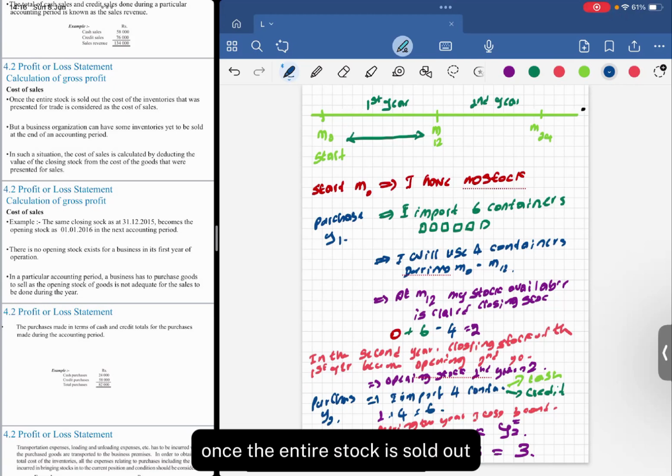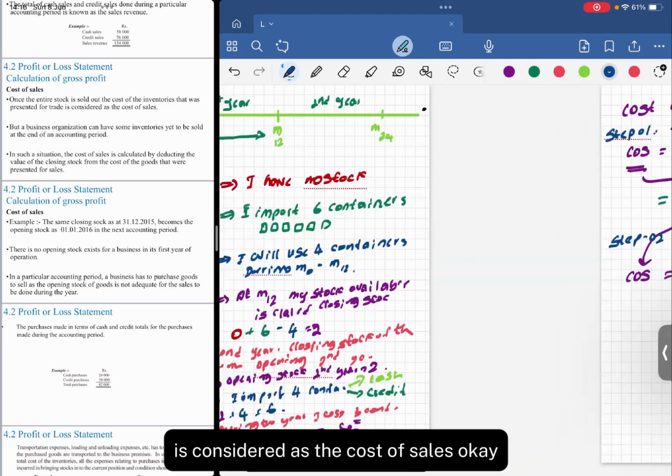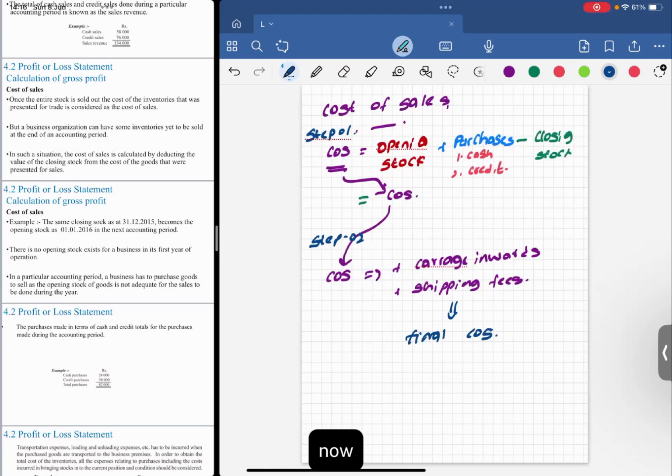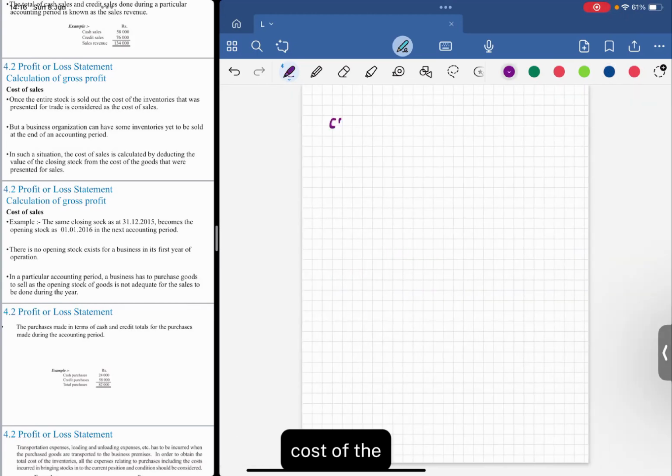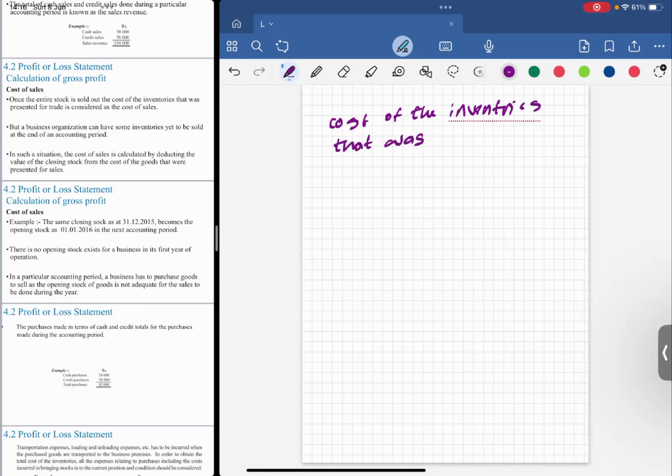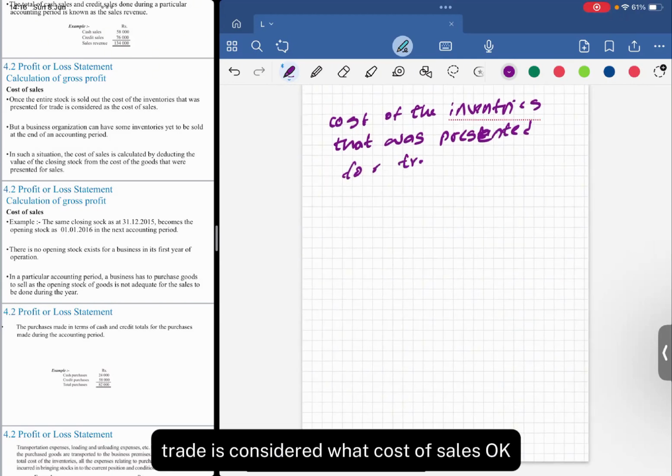Once the entire stock is sold out, the cost of the inventories that was presented for trade is considered as the cost of sales.